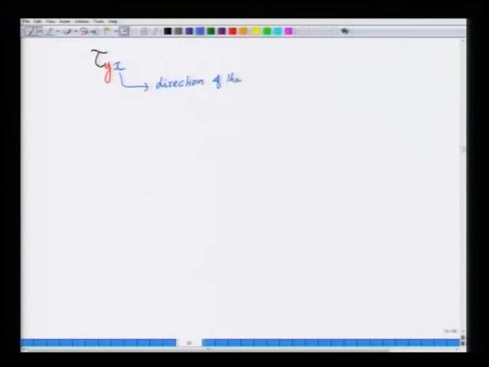The stress is force acting on a surface per unit area, so the force itself has a direction. This y denotes the direction of the unit normal, the unit vector if you want, to the surface on which force is acting.